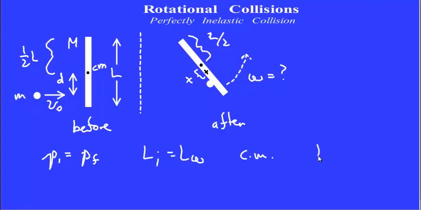And we have to use the parallel axis theorem, because the rod now rotates around a new axis that's off the center of mass. So we're going to have to throw all of these tools at this problem to arrive at our solution, which is omega. Let's go to the next page. Let's start with linear momentum conservation. It's going to look as follows.